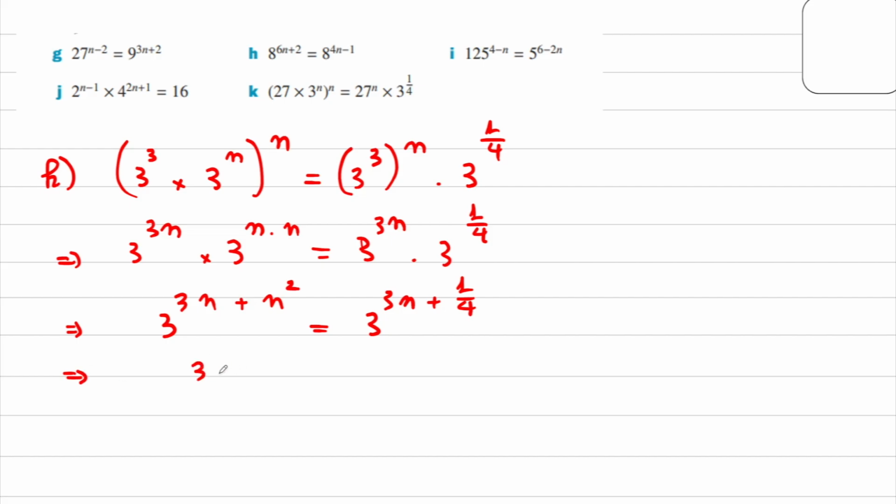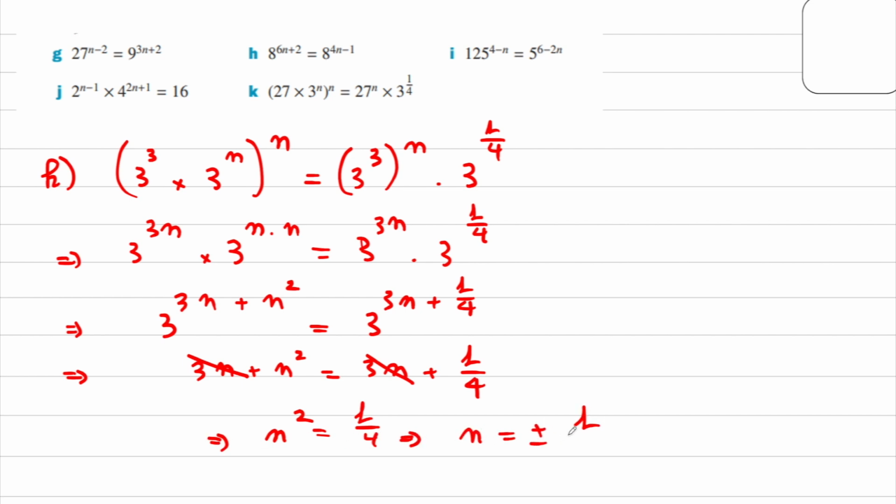This means 3n plus n squared equal to 3n plus 1 over 4. Simplify 3n for both sides, and n squared equal to 1 over 4. Now you have knowledge about surds: plus or minus 1 over 2. Okay, that is the answer for question K.